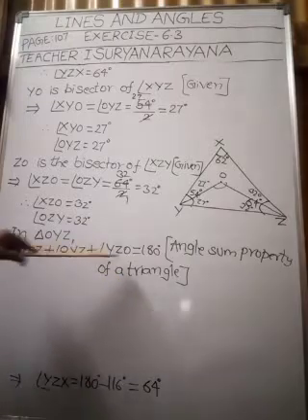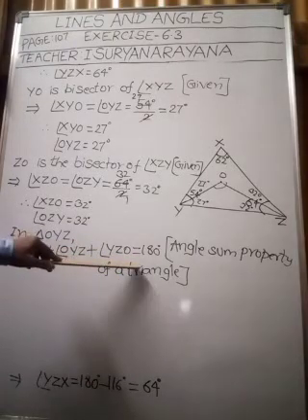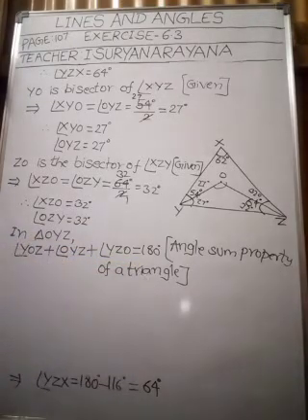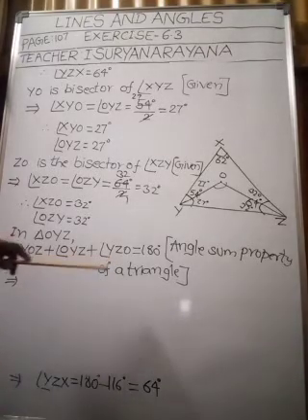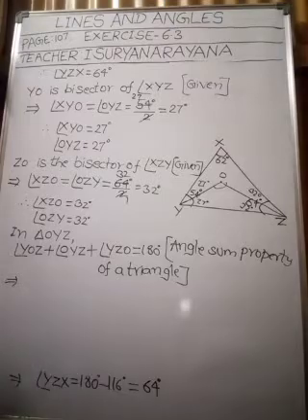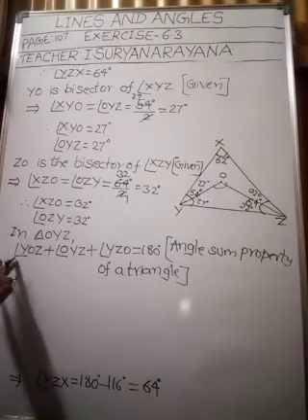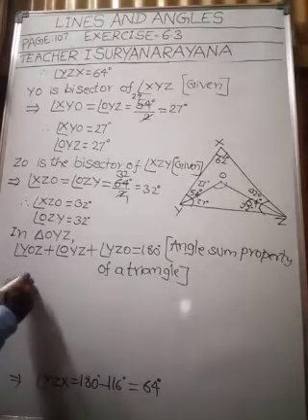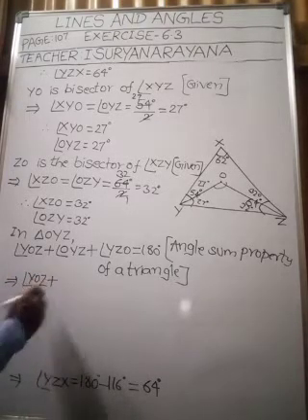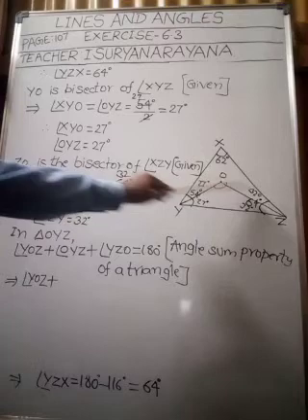By using this property, we wrote this step. Understood this step, my children? Right. This implies, in this step, we substitute the measurement of the angles. What is angle YOZ? We don't know the measurement of this angle YOZ.